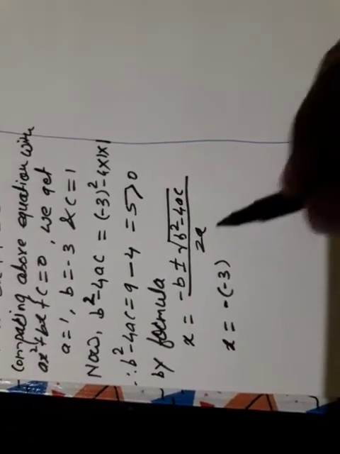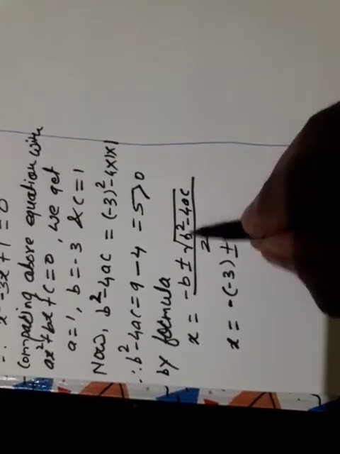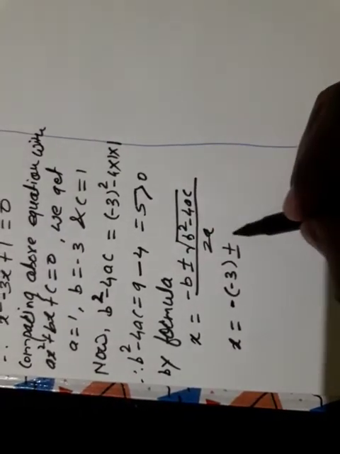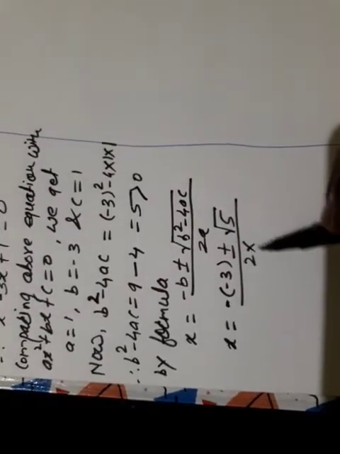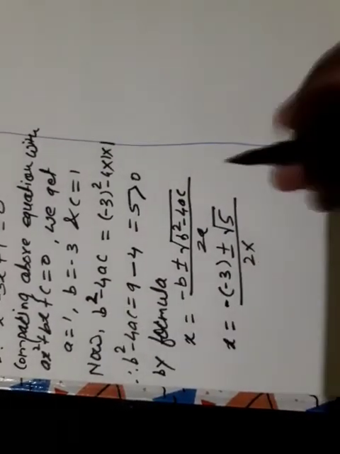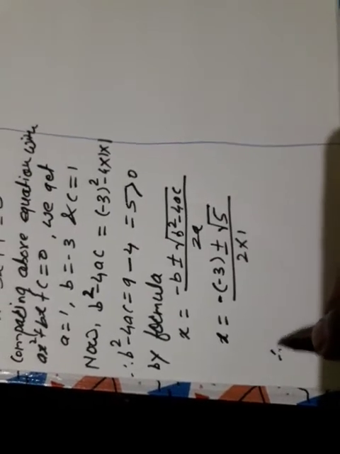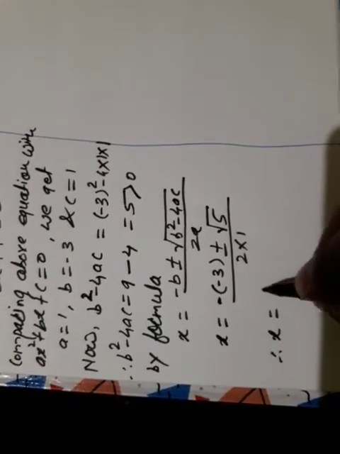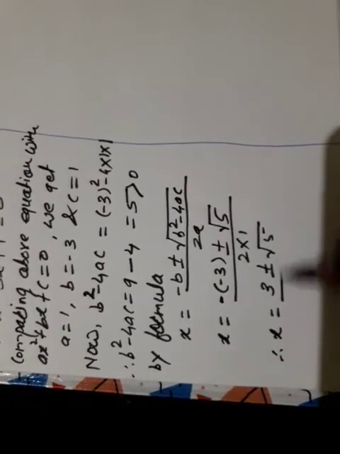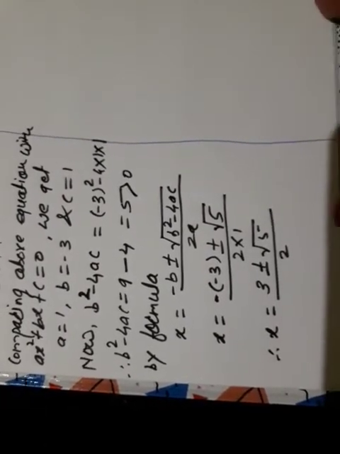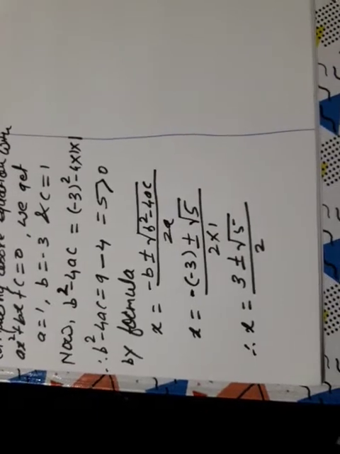Next, plus or minus the square root of b square minus 4ac, which we got as 5, divided by 2 into a. What is the value of a? 1. Therefore x is equal to minus minus, plus 3 plus or minus the square root of 5, divided by 2. Got it up to this step?